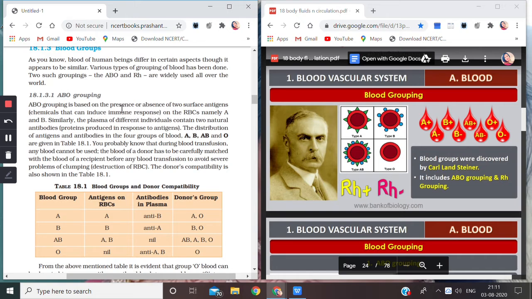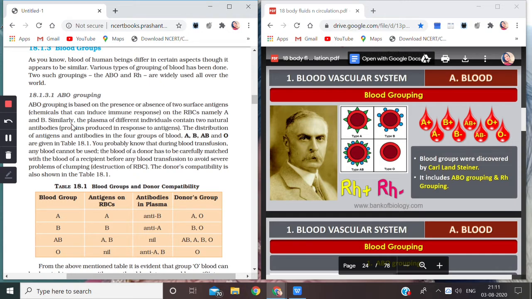On the RBCs, there are two types of antigens, A and B. Similarly, the plasma of different individuals contains two natural antibodies. Now children, please listen to this very carefully: RBCs have antigens and plasma has antibodies.